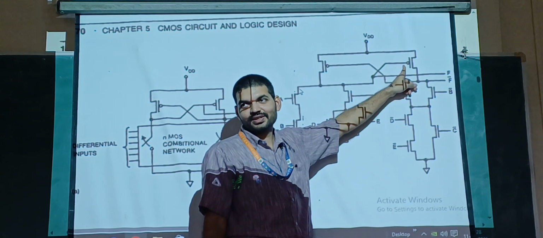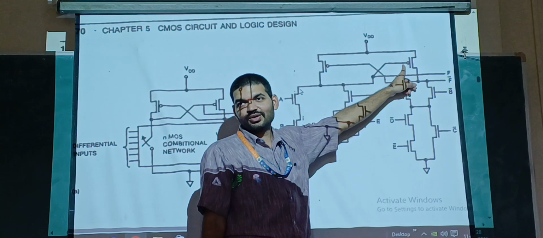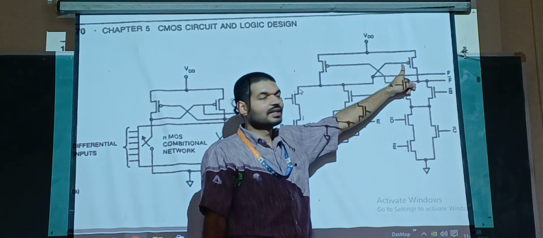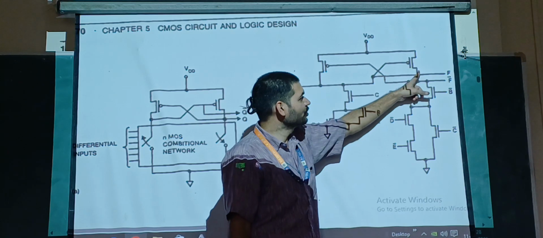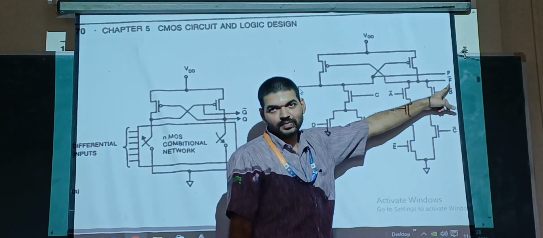If you give 0 to a PMOSFET, is it on or off? On. So when this is on, VDD is shorted to F bar.